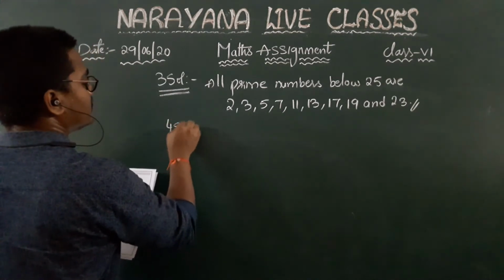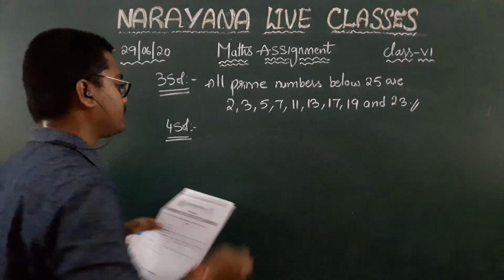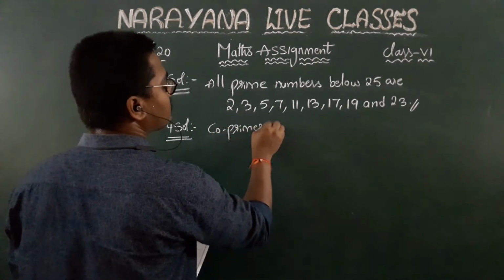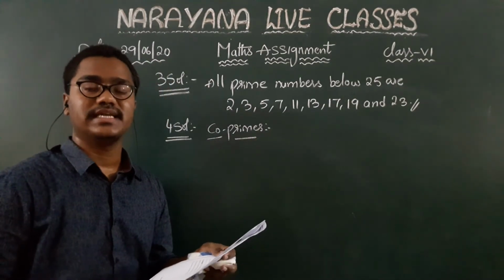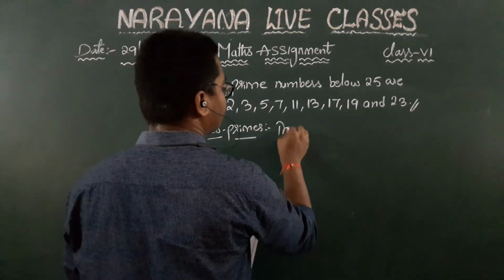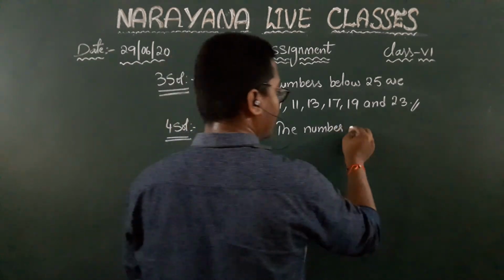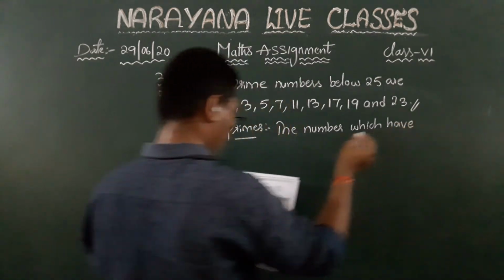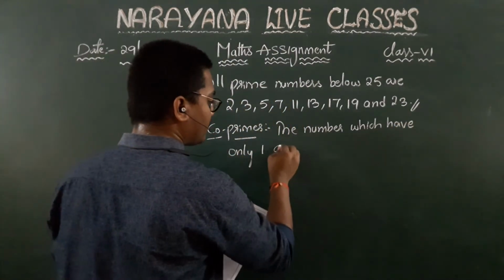Now coming to the fourth question, children. Define co-primes. Co-primes are also called relatively prime. So co-primes can be defined as numbers which have only one as a common factor.